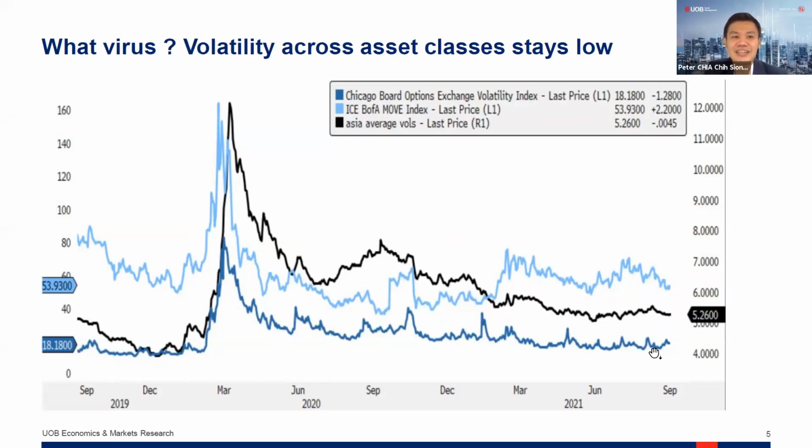Below 20 means there is not much volatility to begin with. And the lighter blue one, that's interest rate volatility, is also very off the highs that we've seen last year. Asian FX volatility, the black line, has been gradually declining. It's right now less than half of what it was last March, and declining.